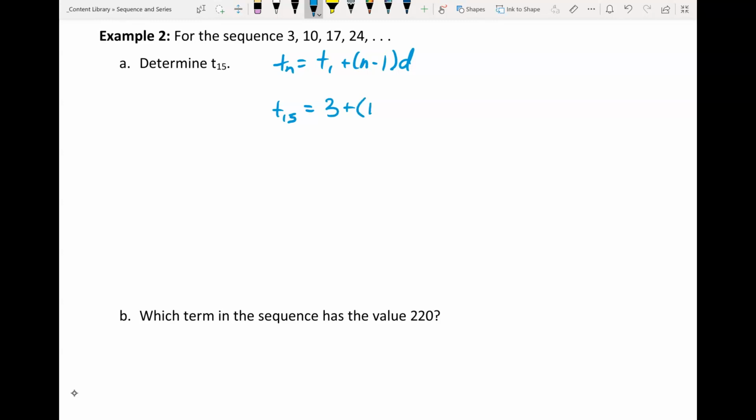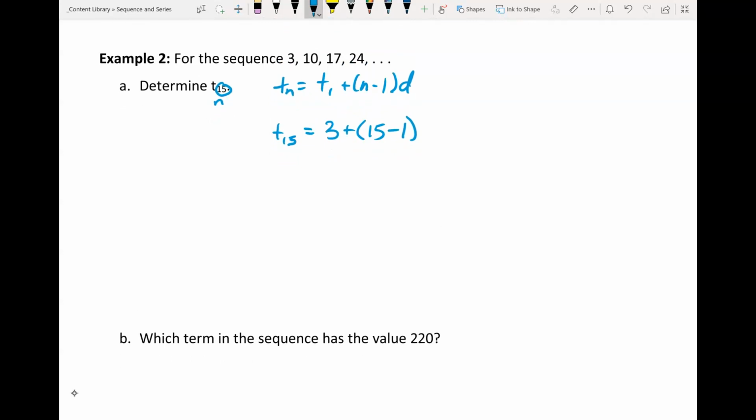N is 15 because that was our n here. And then D we need to find, which is not that hard. If we compare these two, 10 minus 3 is 7. So D must be 7. We can check the next one just to make sure. 17 minus 10 is also 7, so D is for sure 7.